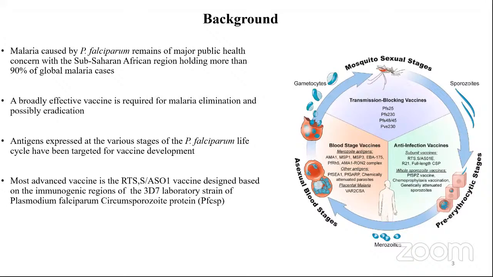Another antigen of interest in our study is PfAMA1, which is a transmembrane protein localized in the micronemes of the merozoite and is released during invasion of red blood cells. This characterizes the disease stage of P. falciparum.